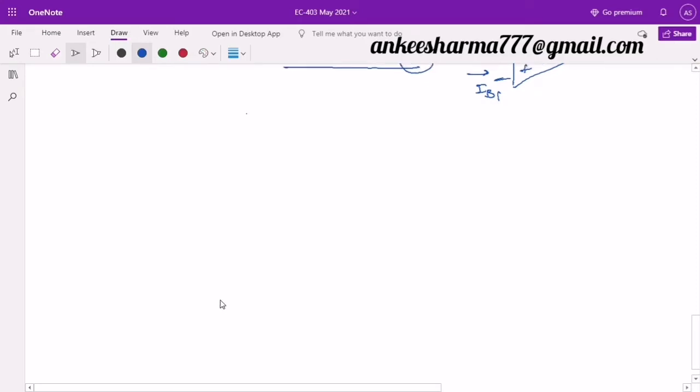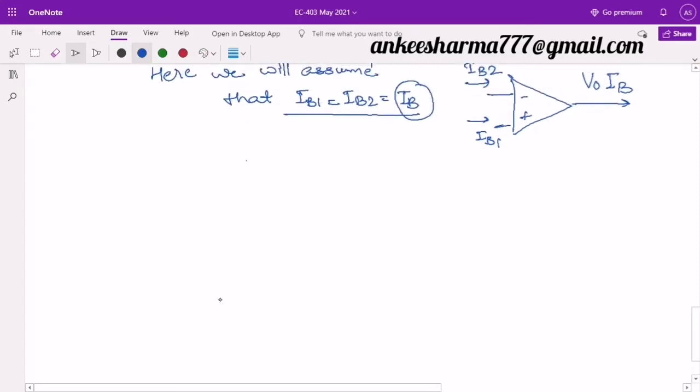I will draw the diagram for you. In the closed loop configuration, as we studied in the last class, we have an operational amplifier in which a part of the output is fed back to the input.